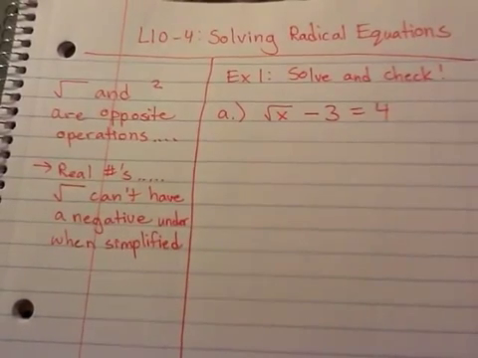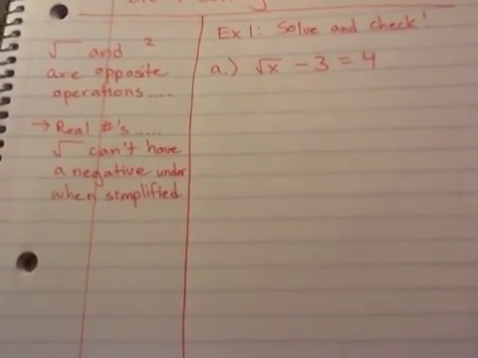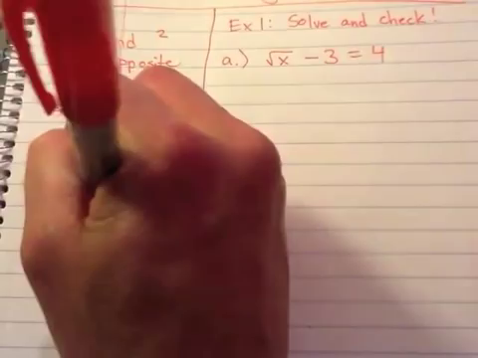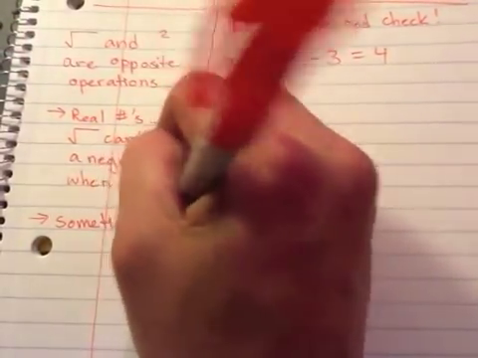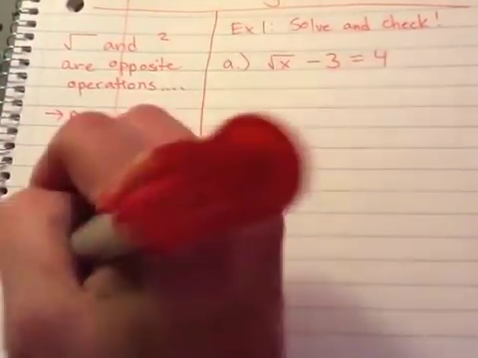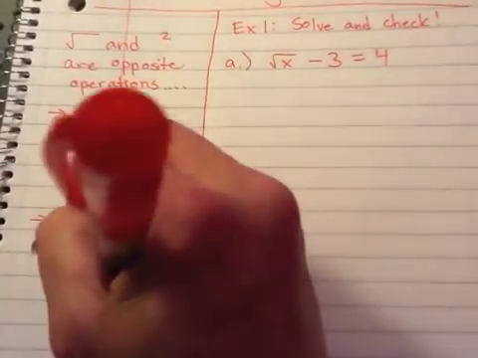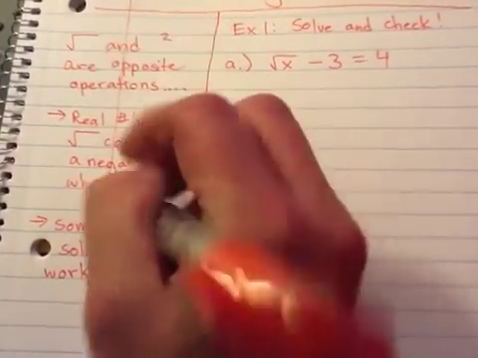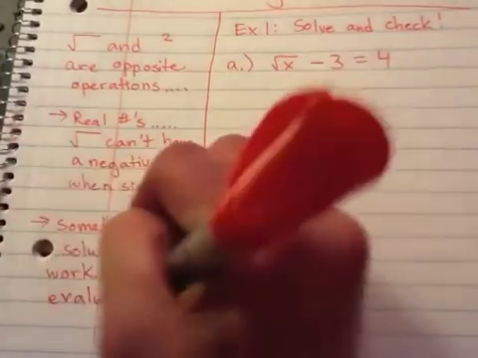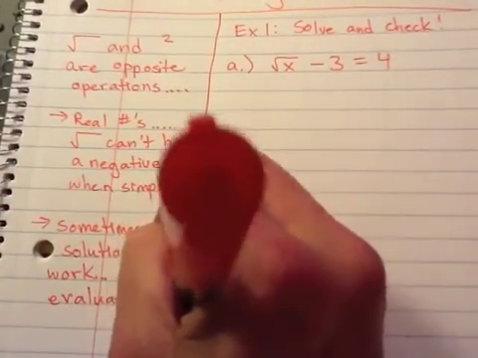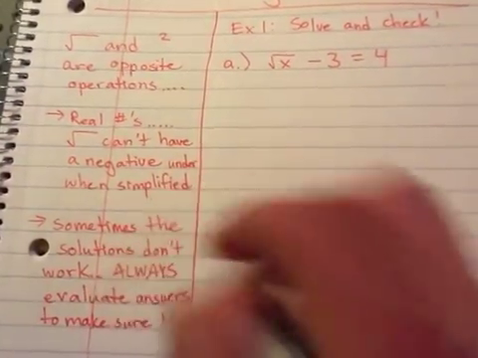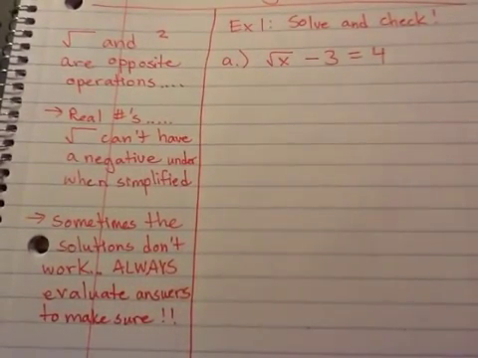You have to wait and make sure that that's working out that way. Okay, and then I already explained this, that sometimes the solutions don't work. And because of that, you're always going to evaluate your answers to see.